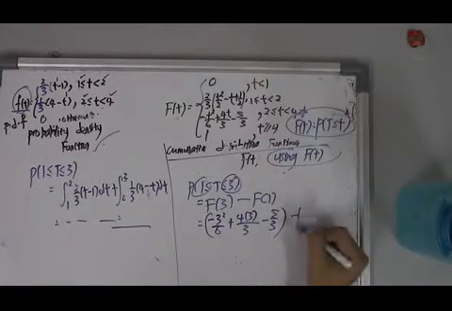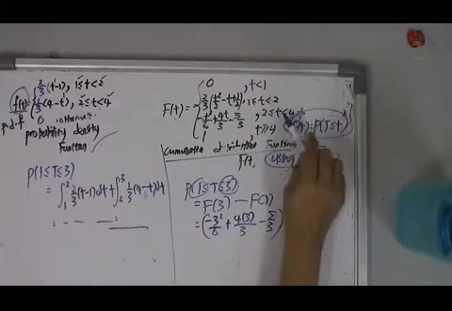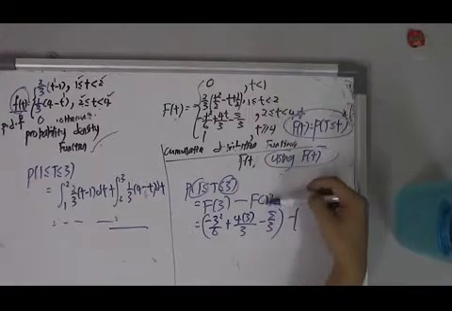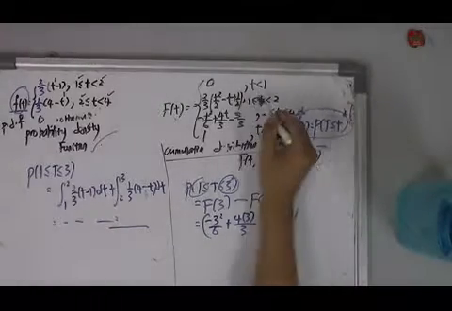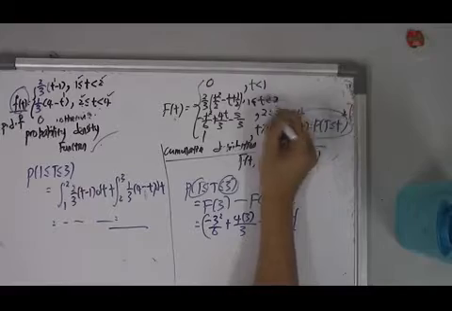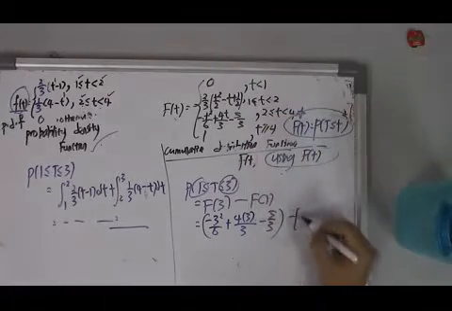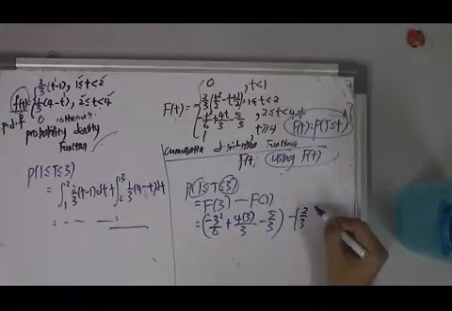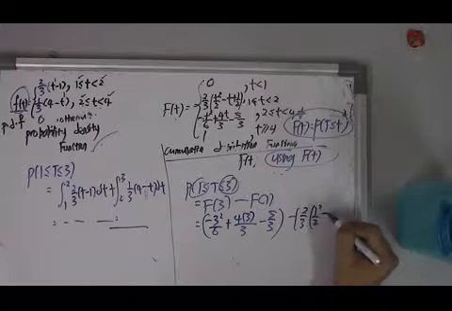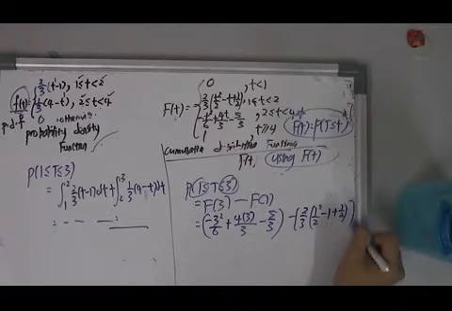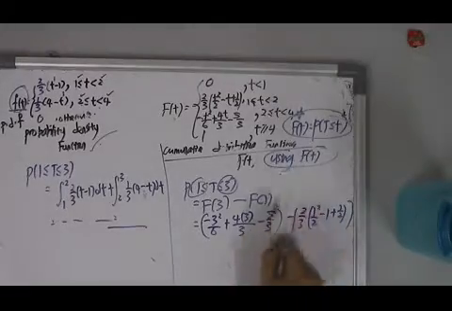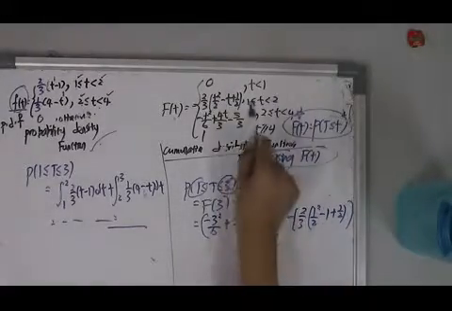Then you minus 1. For F(1), 1 is here, so you substitute 1 inside there: 2/3 times (1 squared over 2 minus 1 plus 1 over 2). You just substitute the 1 and the 3 inside.